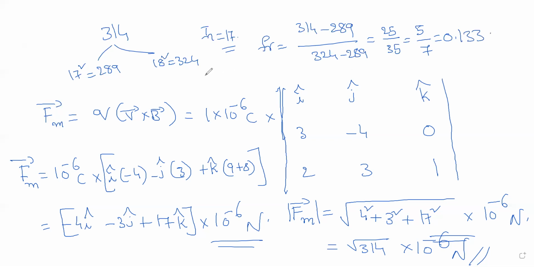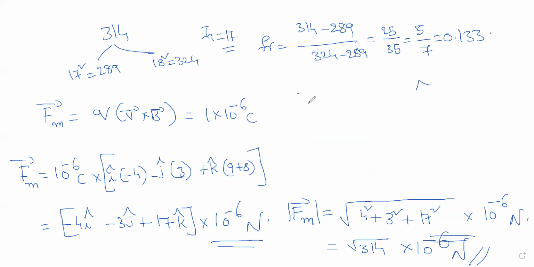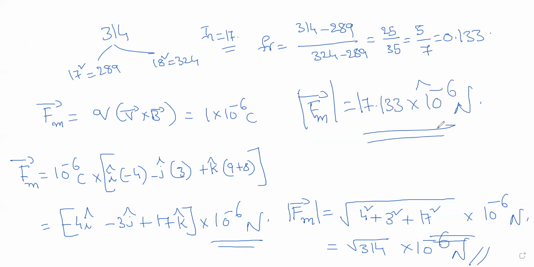So when you work out the magnetic field, the magnitude of the magnetic force Fm bar works out to be 17.133 into 10 to the power of minus 6 newtons. Your options will contain something like this.